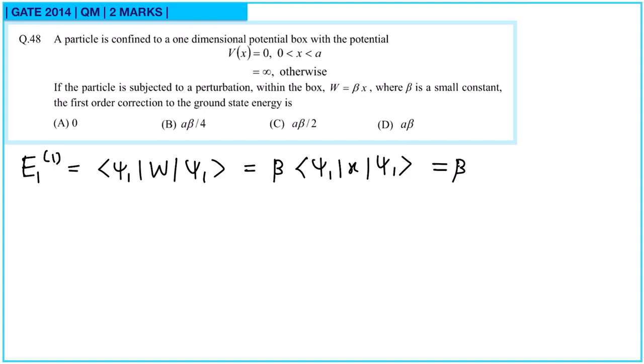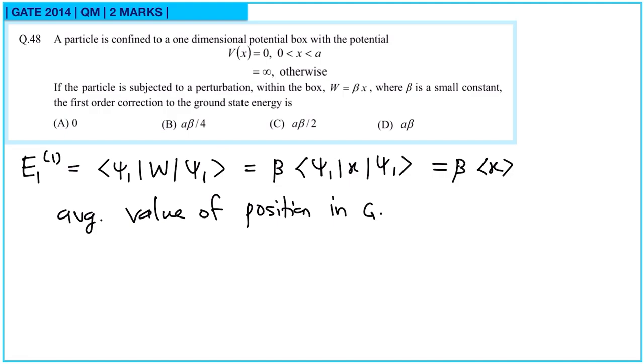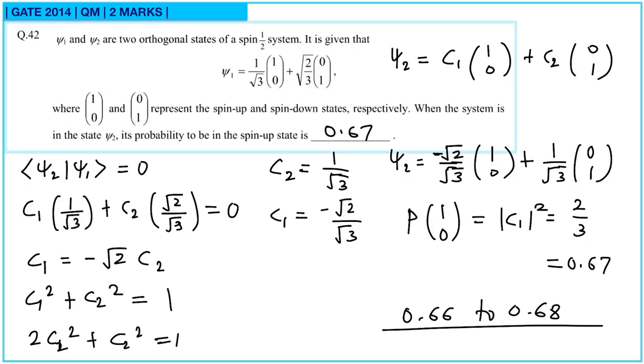So that is beta into the average value of position, and the average value of position in the ground state is equal to a by 2. So E1 superscript 1 is equal to beta into a by 2. So here option C is correct.